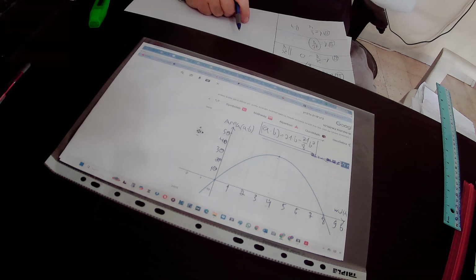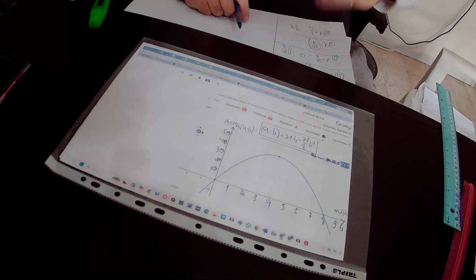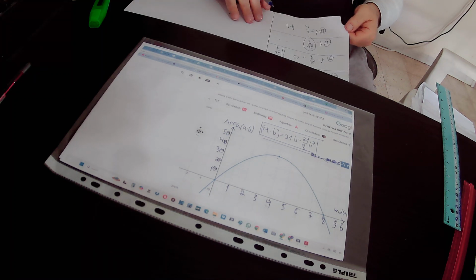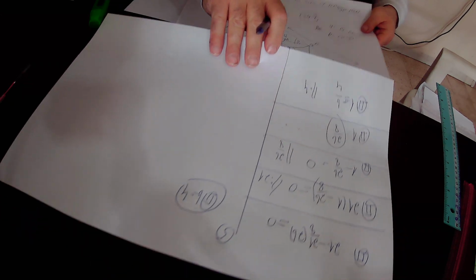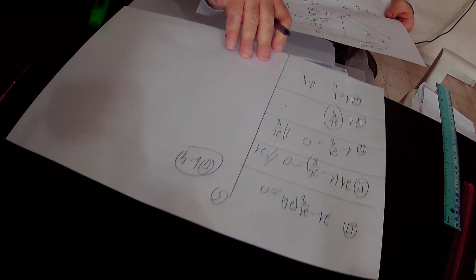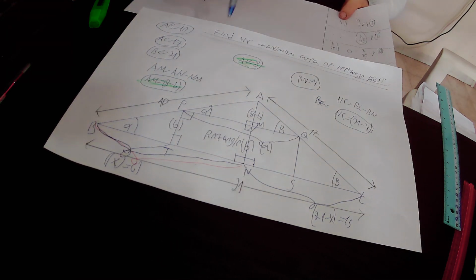Now the only thing that is left is to find what is the maximum area of rectangle PQST when the width B equals 4. So actually you have to put the value of B, that is 4, inside the function area in order to find out what is the maximum area of this rectangle PQST.